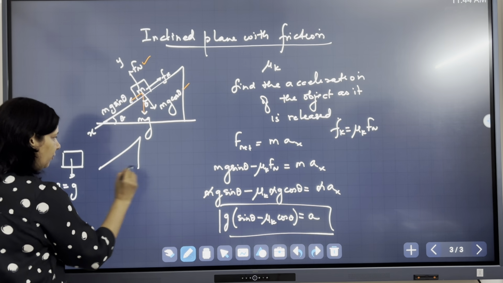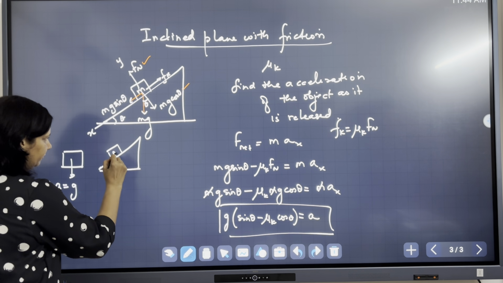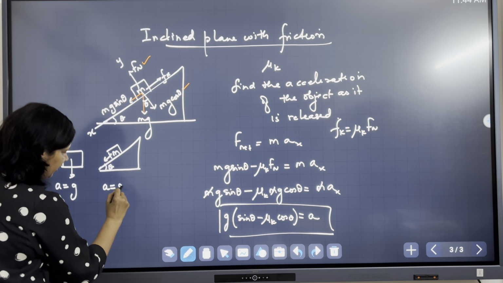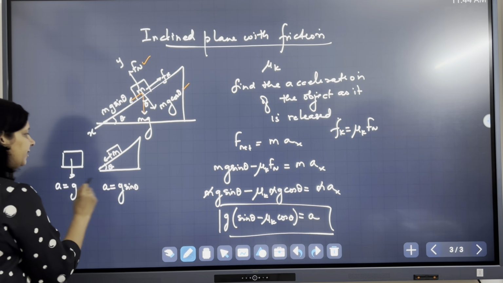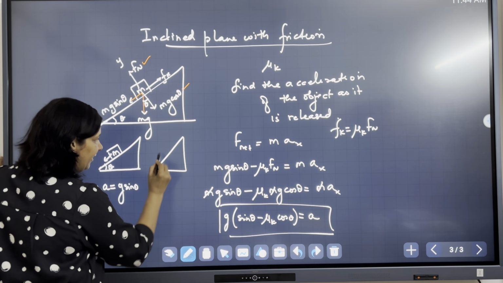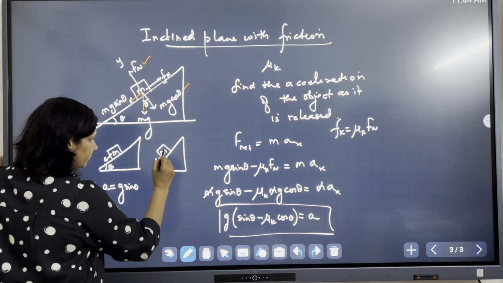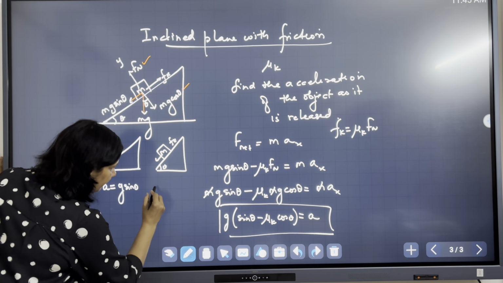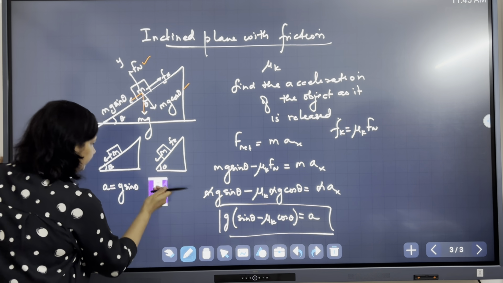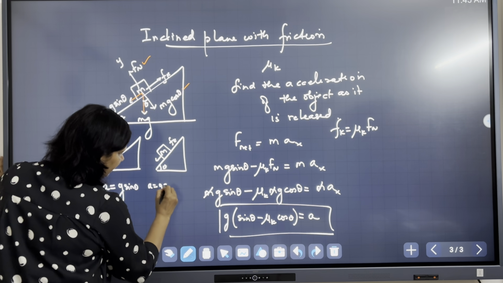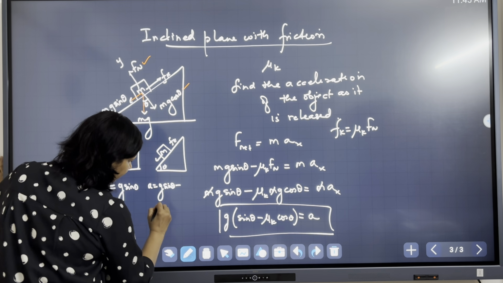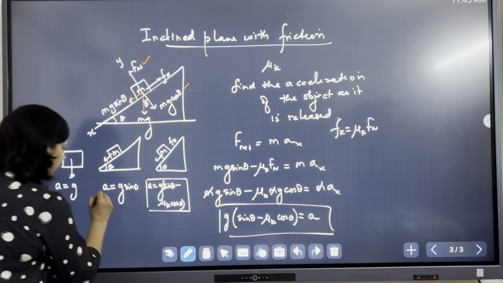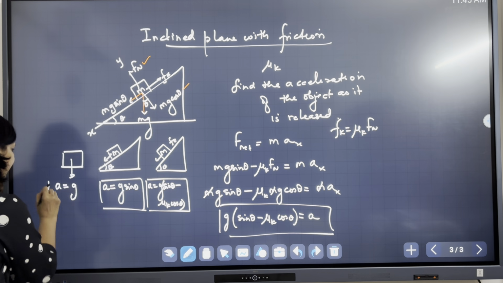If an object is moving on an incline without friction, then a is g sin theta, we have just calculated, it is reduced. And if there is an incline and there is friction also, then a will be g (sin theta minus mu k cos theta). One should always compare these three results.